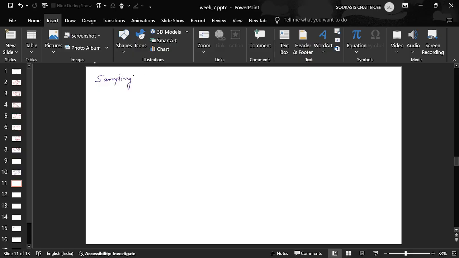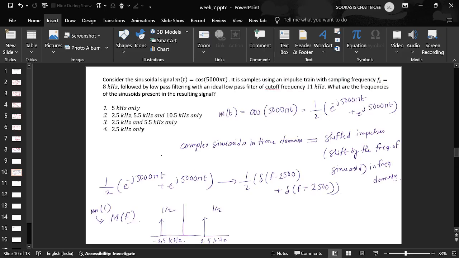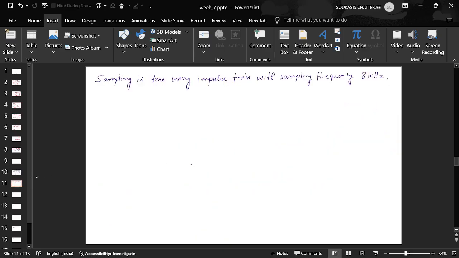By the way, note that the sampling frequency is greater than twice the maximum frequency component. 2.5 kilohertz is your maximum frequency component, twice that is 5 kilohertz, but your sampling frequency is 8 kilohertz, so you are well beyond the Nyquist criterion.